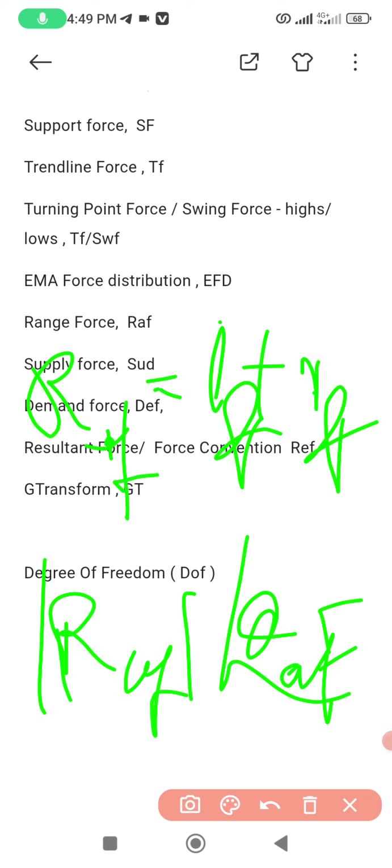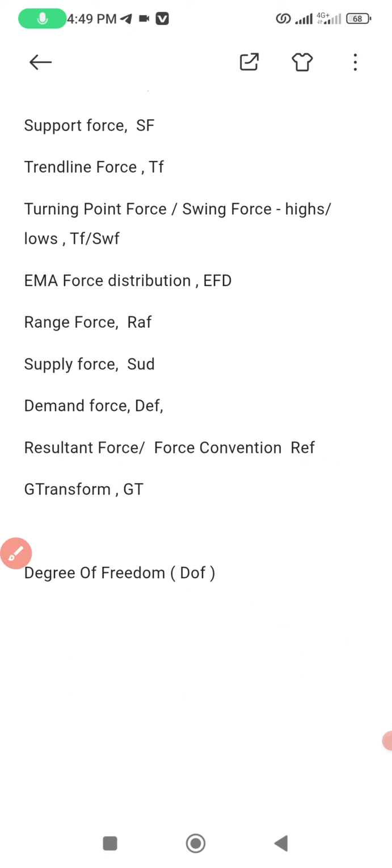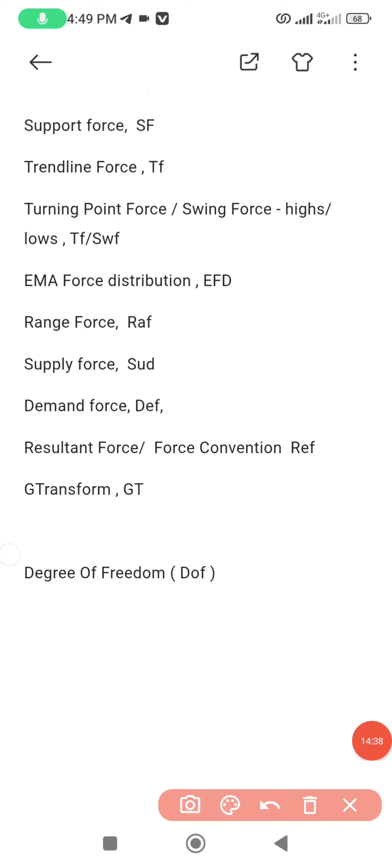Okay, so when the market is moving in an upward direction, the general model should be like this: an impulse force of this length, and then a pullback or retracement force of short length.